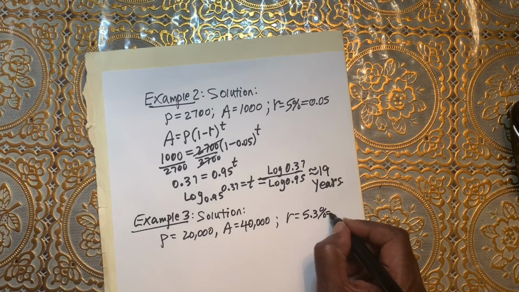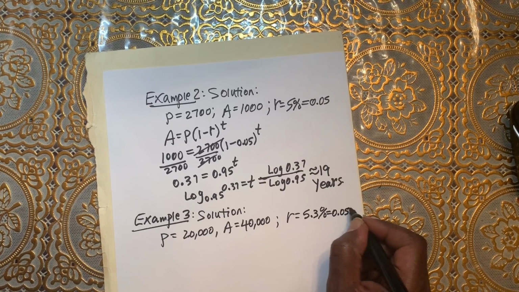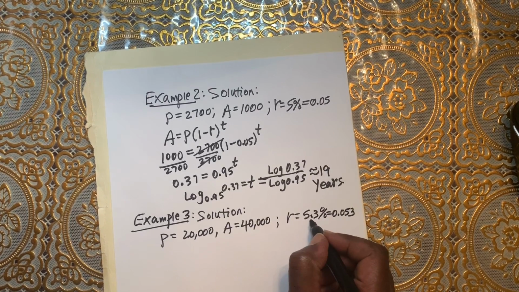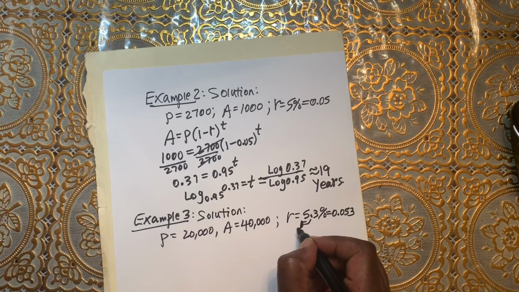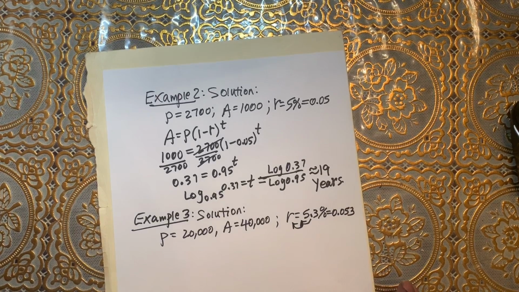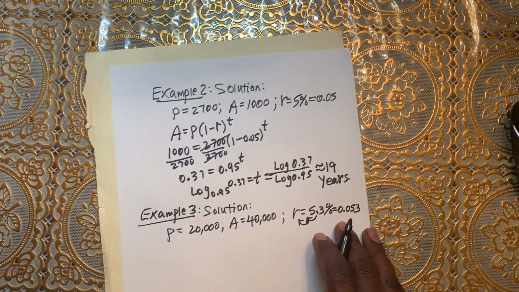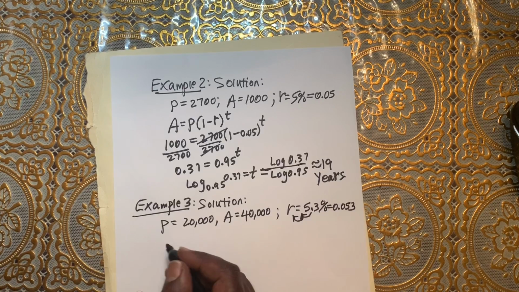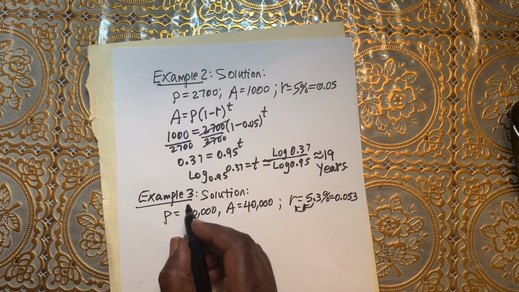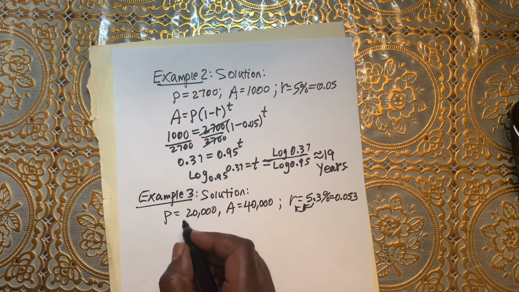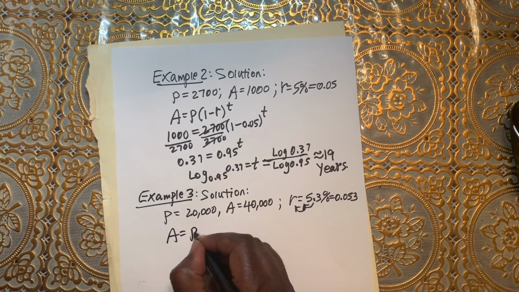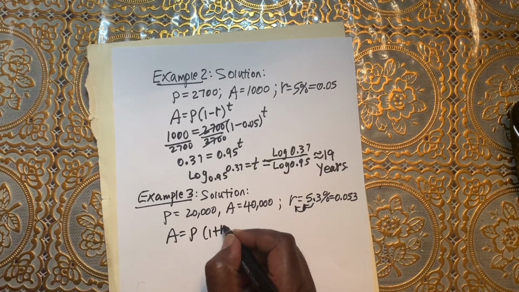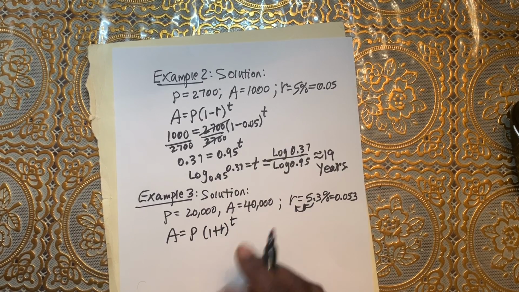So this means 0.053; we move 2 decimal points to the left. This is an increment, so the minus becomes positive. A equals P times (1 plus R) to the power of T.